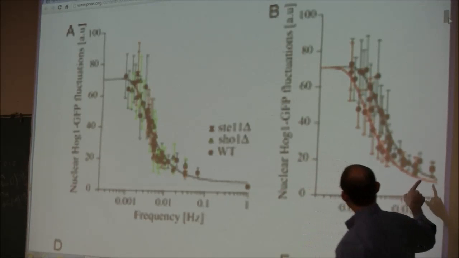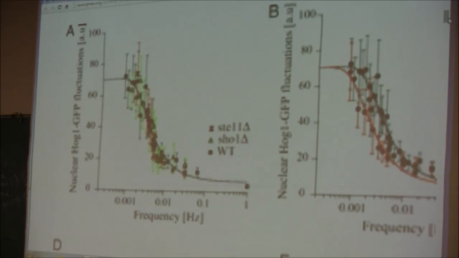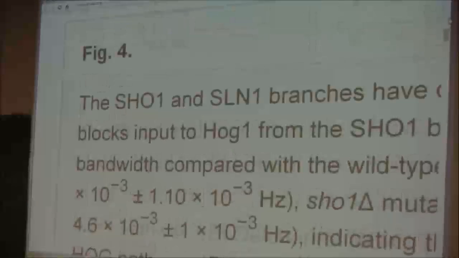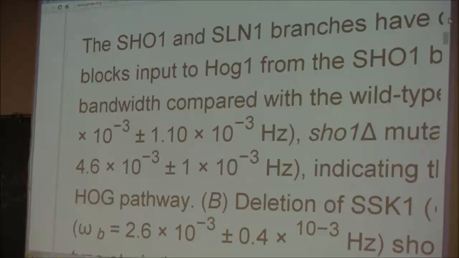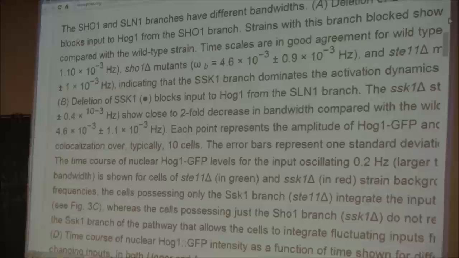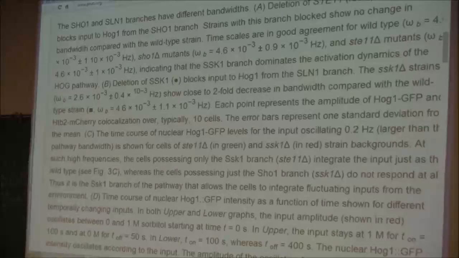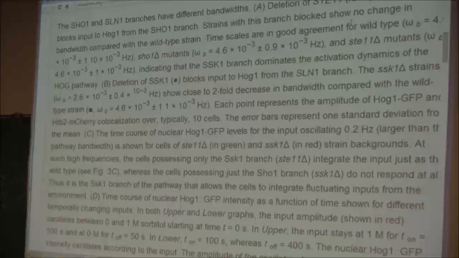So now we'll look at what these different curves are. We have to go down to the figure legend. So figure A is, so they're deleting one or the other branch of the pathway.